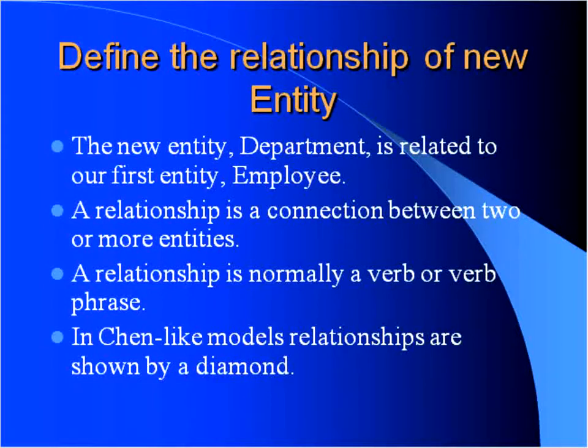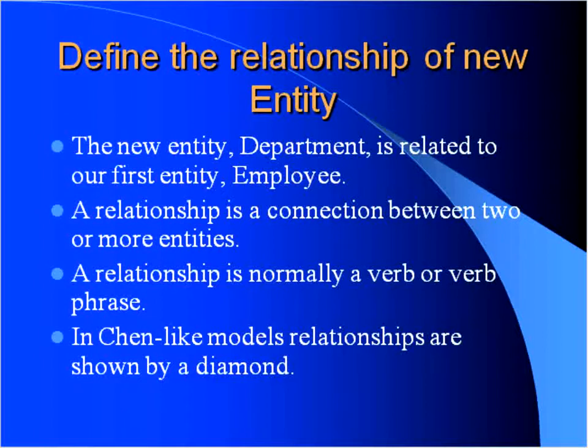Now that we have another entity, department, how is this related to our first entity, employee? So we have a relationship or a connection between the two entities. If you remember from the last set of slides, a relationship is generally a verb or a verb phrase.